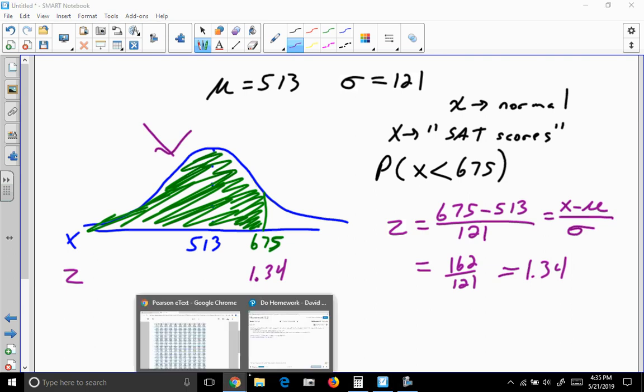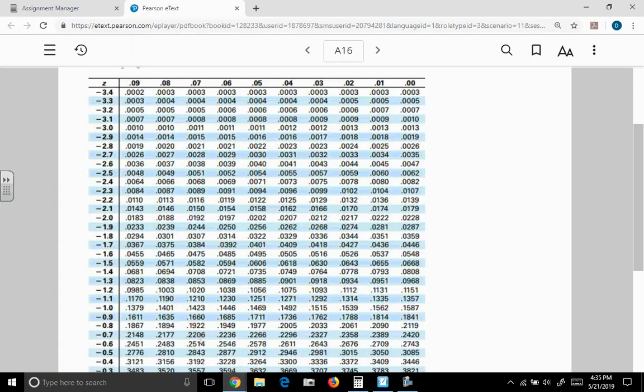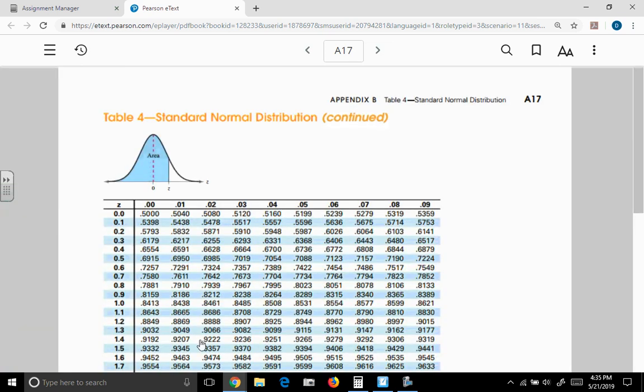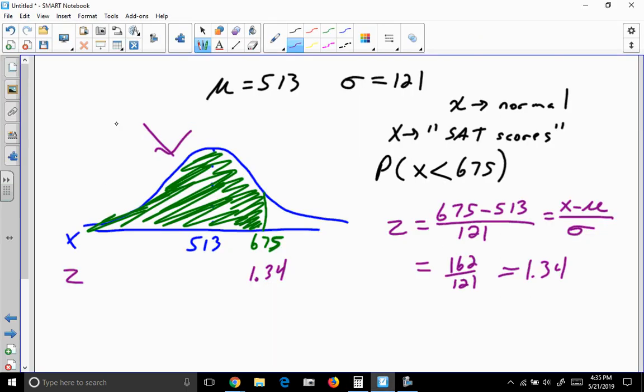If we pull out the table, we need the table with positive Z values. 1.3 is here. Here's the 04 column, so here's where 1.34 comes together: 0.9099.